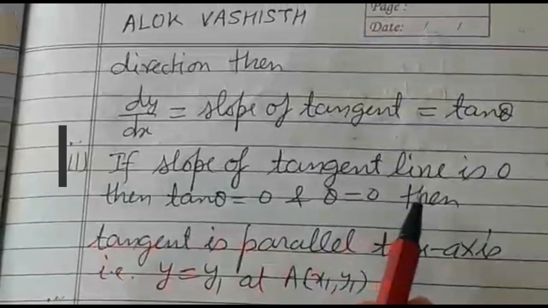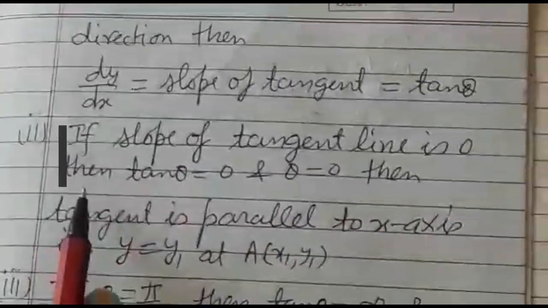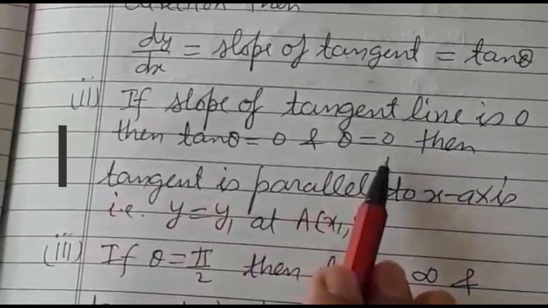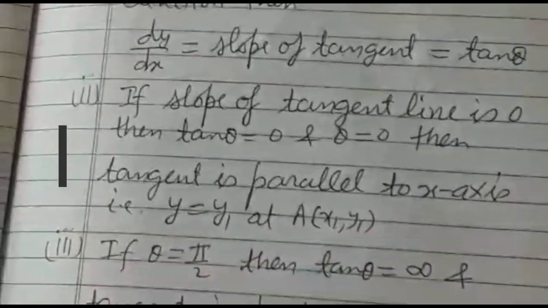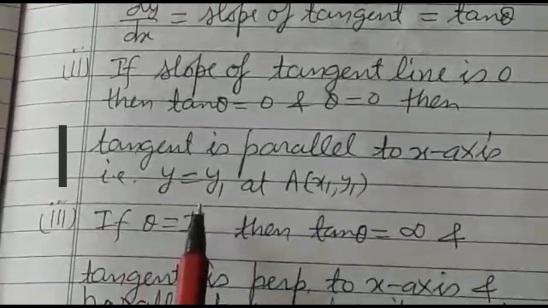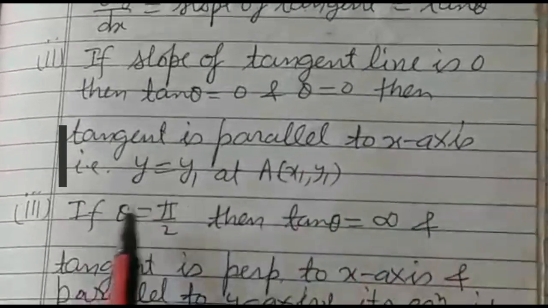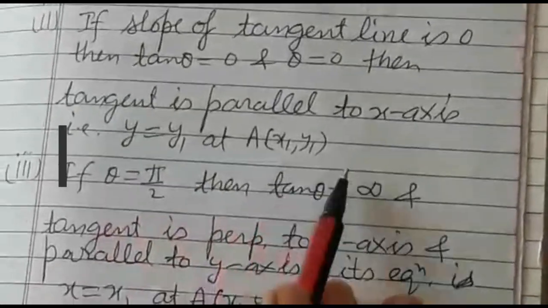Now if the slope of the tangent line is 0, then tan theta equals 0 and theta is also 0, meaning the tangent is parallel to the x-axis. Its equation is y = y1 at a point (x1, y1).